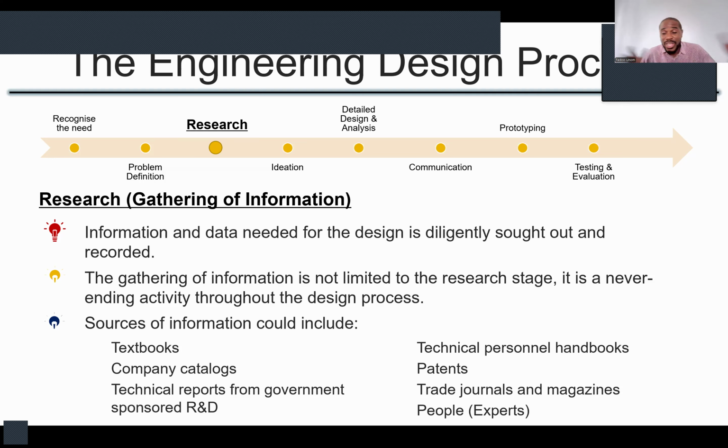You can look at trade journals and magazines, and then you can engage with people, experts. There's somebody who is an expert in material science. You go and sit Professor Bams down. You say, Professor Bam, there's a material, pick his brain as a professor of material science and metallurgy.